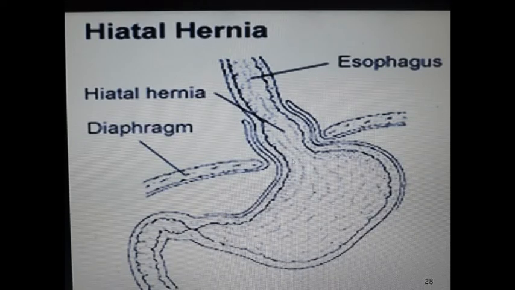And in hiatal hernia, the upper part of the stomach may herniate into the thoracic region through the esophageal opening, and it occurs because of the weakness of lower esophageal sphincter and results in a disease called gastroesophageal reflux disease.